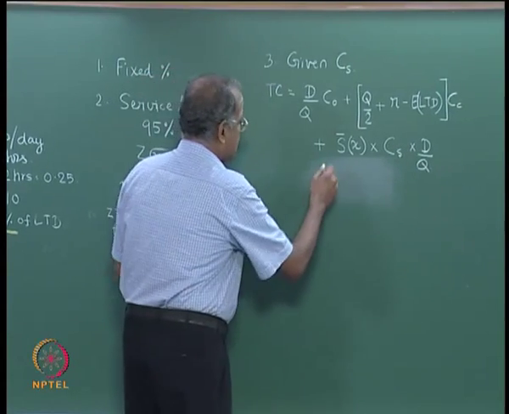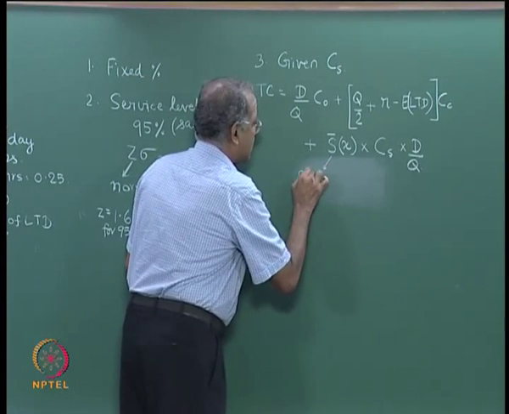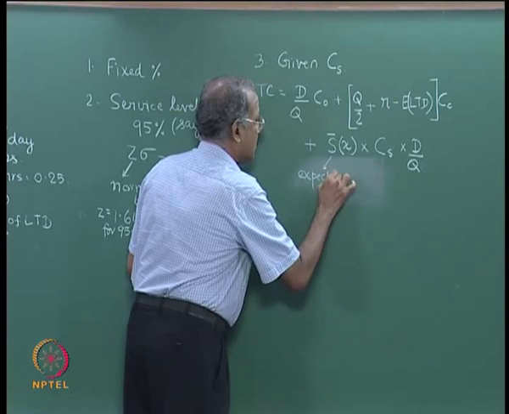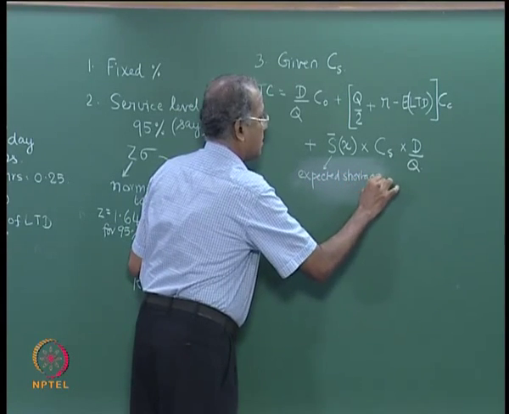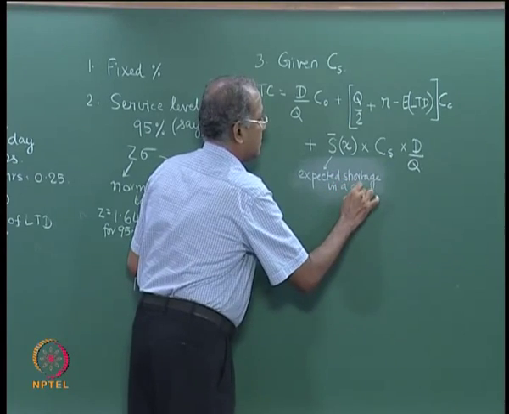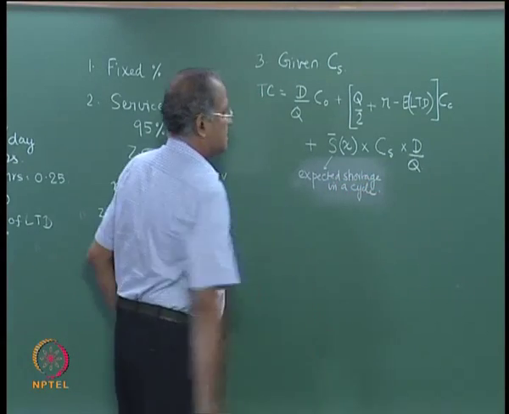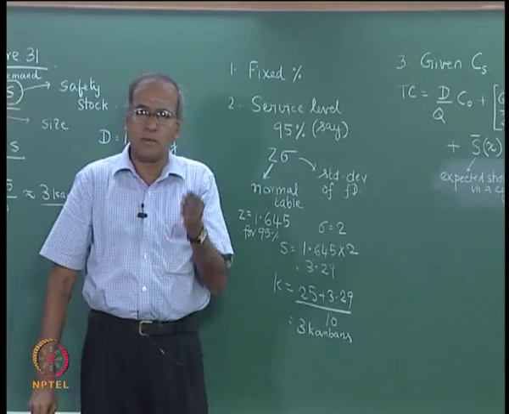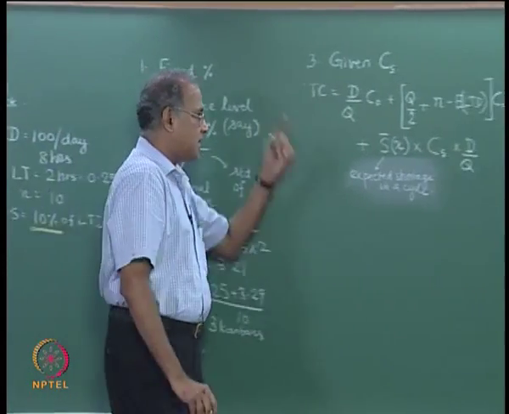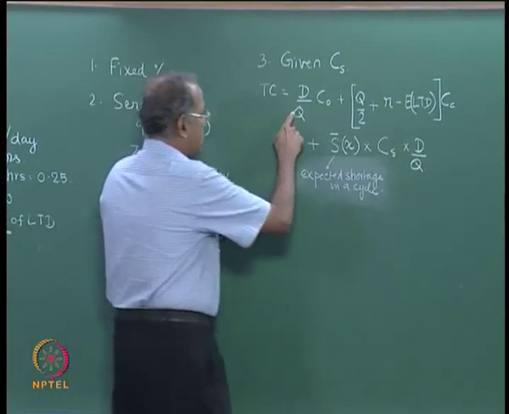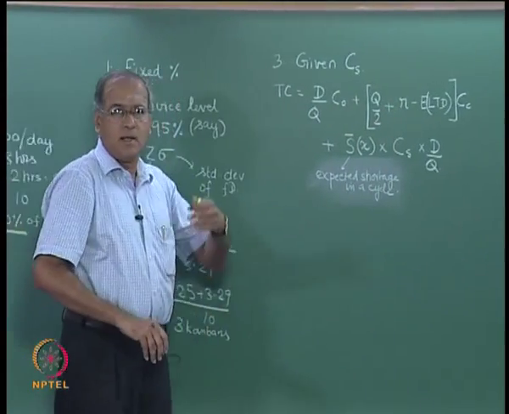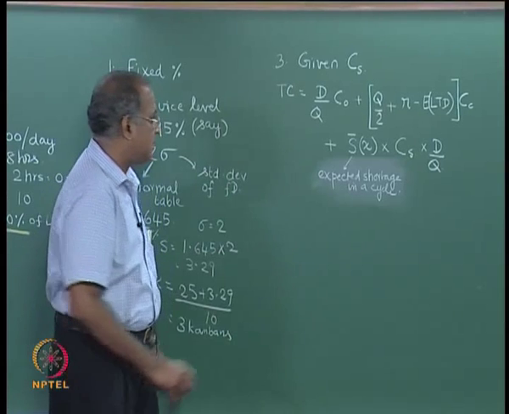S bar of x is the expected shortage in a cycle, Cs is the shortage cost per unit short, D by Q is the number of cycles in a year. The best value of Q and R are obtained by differentiating this expression.